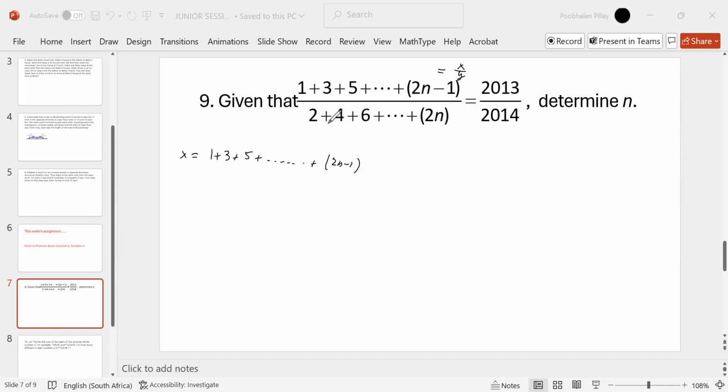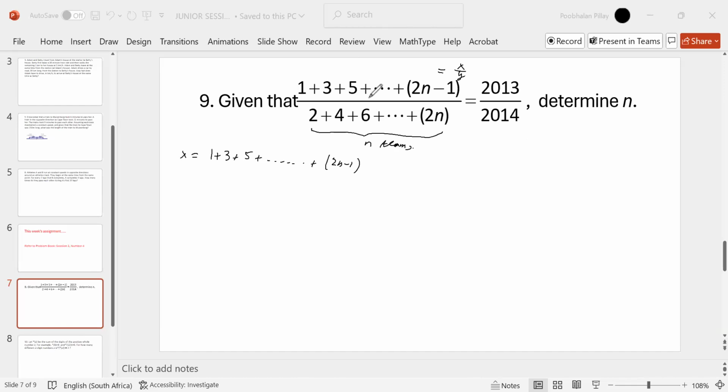So it means you've got n terms here, right? 3 terms would have landed at 2 plus 4 plus 6. Right? So it finishes off at 2n. So the n numbers here. The dot, dot, dot means it goes on the same pattern. So the n terms at the bottom, n numbers, in other words.